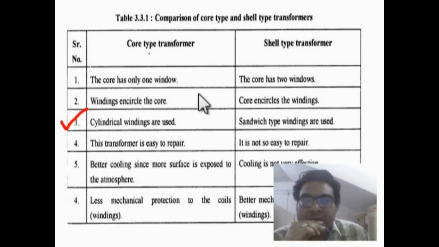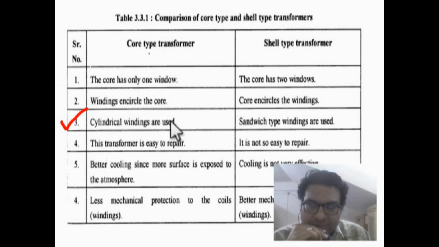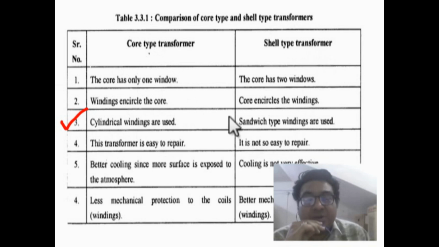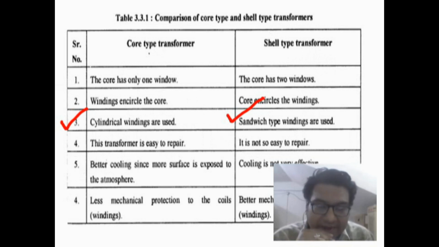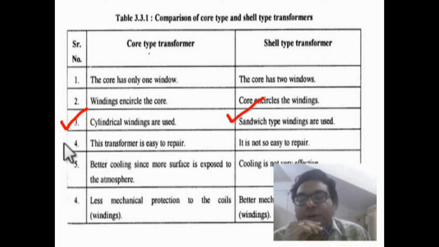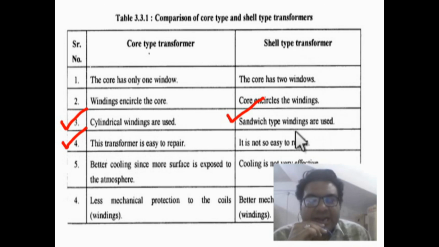And third, in a core type transformer cylindrical windings are used, and in a shell type transformer they are called sandwich type windings. Then the fourth point: the core type transformer is easy to repair, and the shell type transformer is not easy to repair.